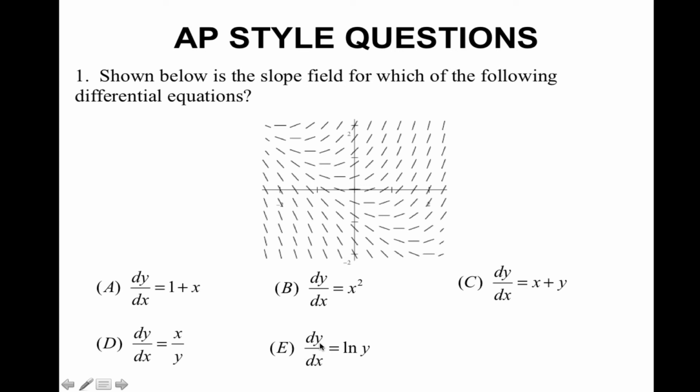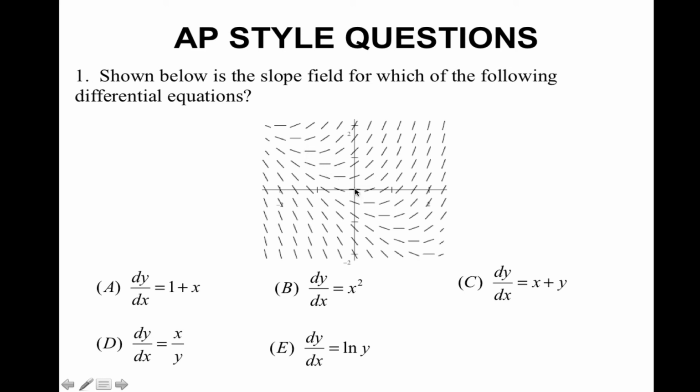Well, when I am looking at my two choices, I have x plus y versus x over y. And the good place to start is to figure out at which points do I have a slope of 0. Okay? And that means a horizontal tangent line. So if you notice, along this diagonal right here, I have horizontal tangent lines.